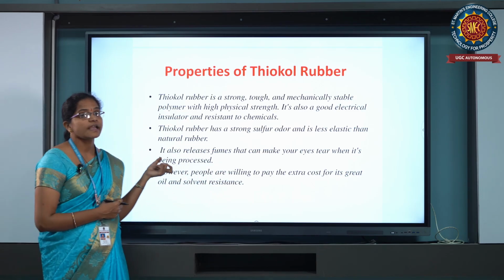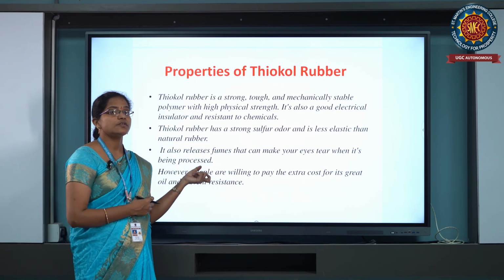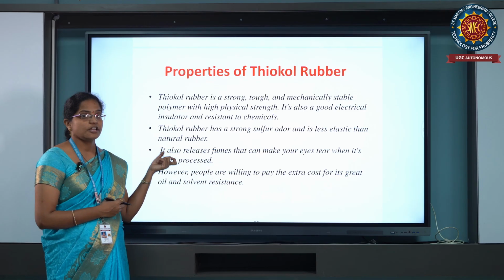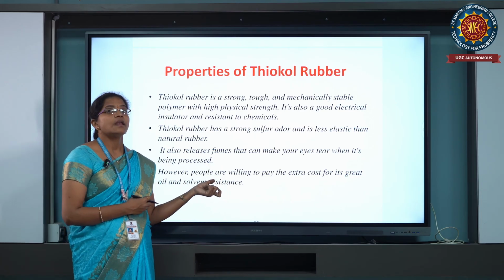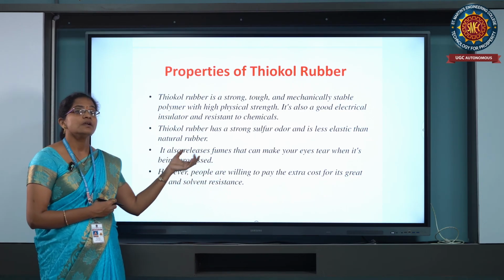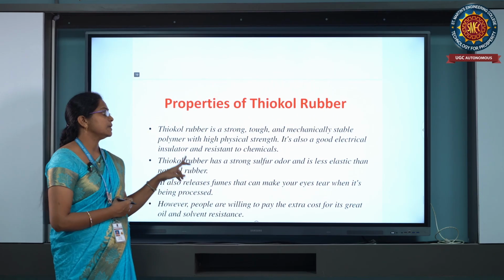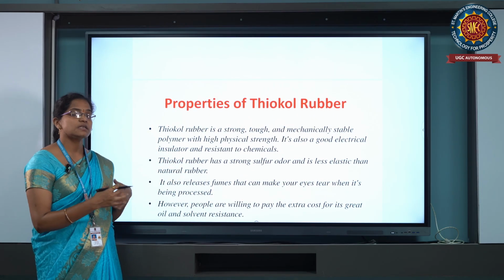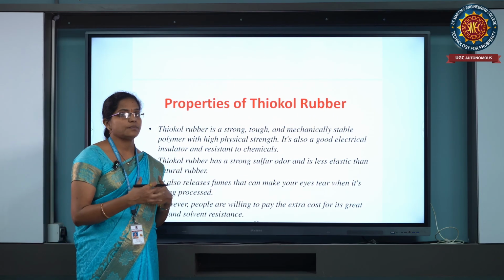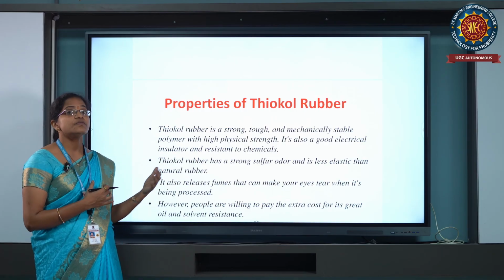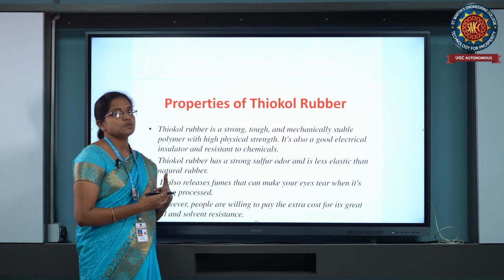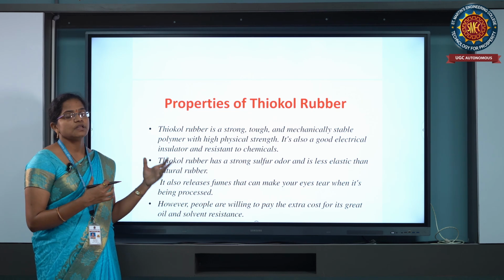You have to grade this rubber: curing capacity, vulcanization, rubber strength, rubber purity, and chemical resistance. Compared to all these purposes, thiokol rubber is very expensive and very important compared to natural rubber.